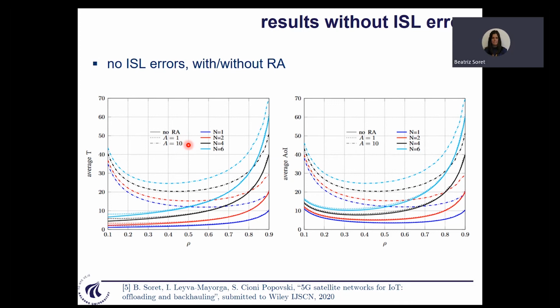So 10 means that I can try up to 10 times if there is a collision in my random access opportunity. And we can see the impact both for the system delay and for the average age. We can see how with 10 attempts, the latency performance gets much worse.